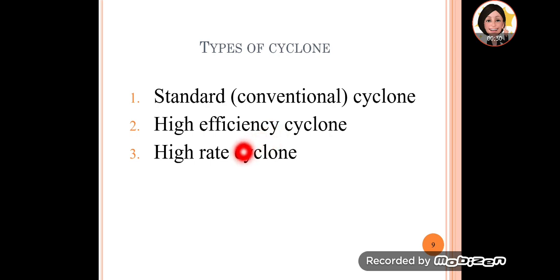The high rate cyclones have lower efficiencies but much higher gas capacity. So usually we use high rate when we have a high rate of particle laden gas that needs to be treated. So that's when we use a high rate cyclone.